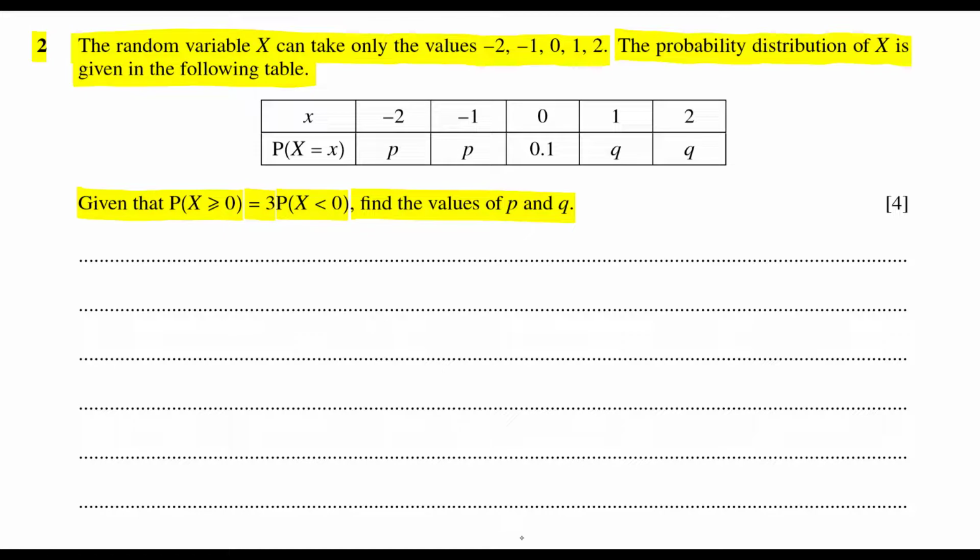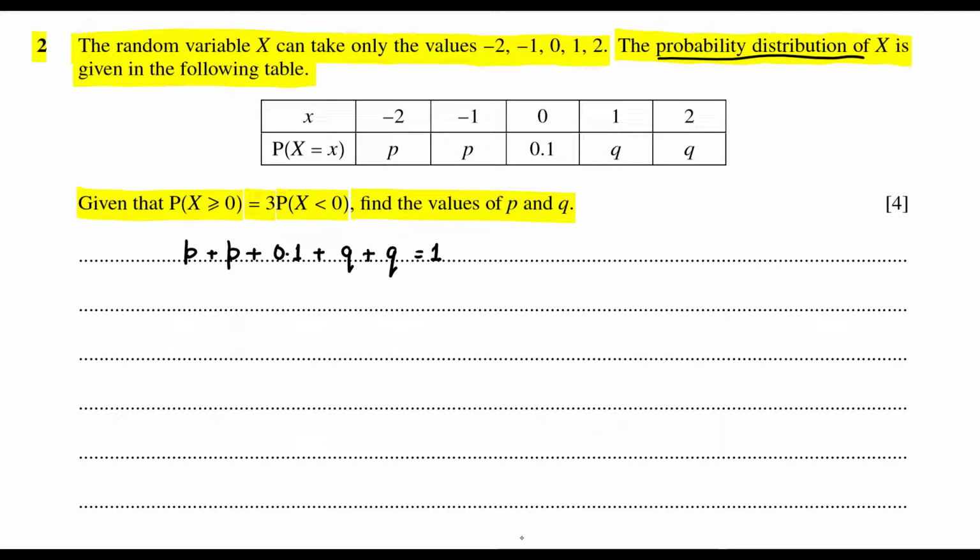So from this condition, before this condition, since it is a probability distribution, the sum of total probability has to be 1. The first condition we got is p plus 0.1 plus q plus q has to be 1.